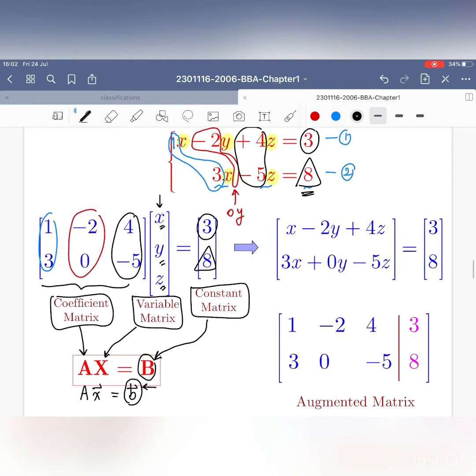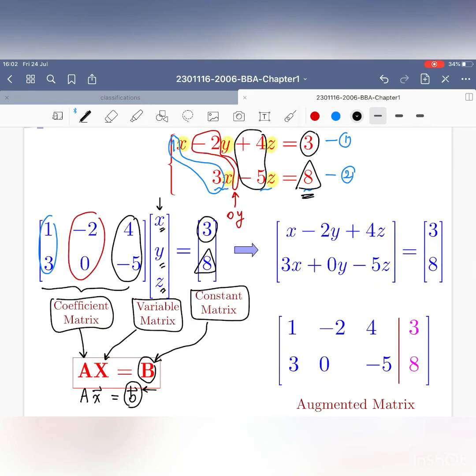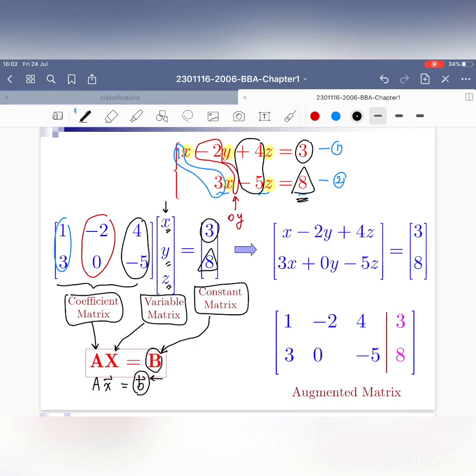However, if it is not confusing, or if there is no confusion at all about your variables x, y, z, sometimes we are going to omit the x, y, z. Everybody knows that these coefficients depend on the variables x, y, z here.